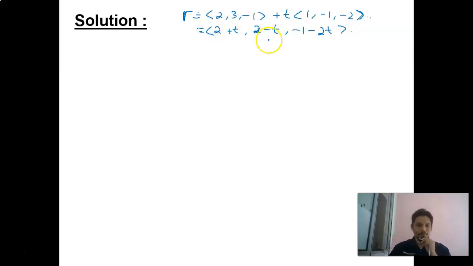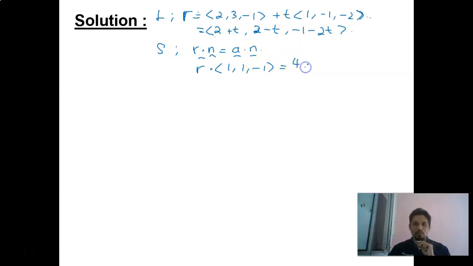Next is the equation of the plane. This is the line L and the plane S. r dot n equals a dot n. Given in the question, r dot the normal (1, 1, -1) equals a dot n, which is given as 4.